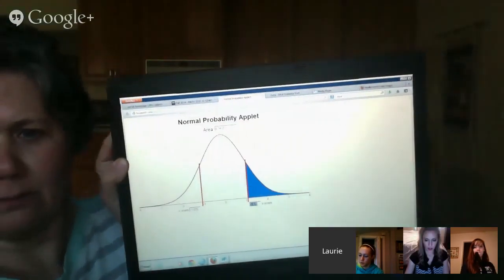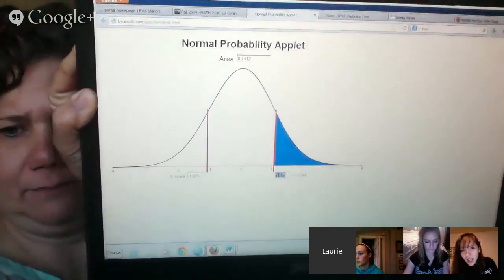Okay, so the applet would be to the right, just the right. It would look like this. And then the area is 0.1412. That's what I got. Agreed.